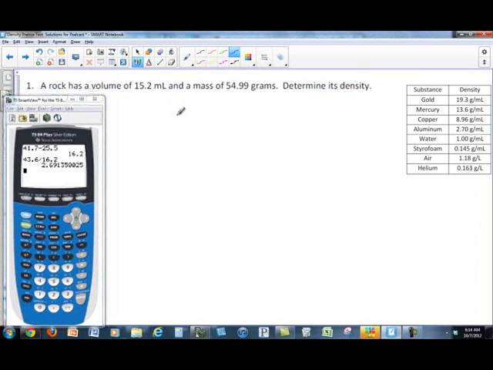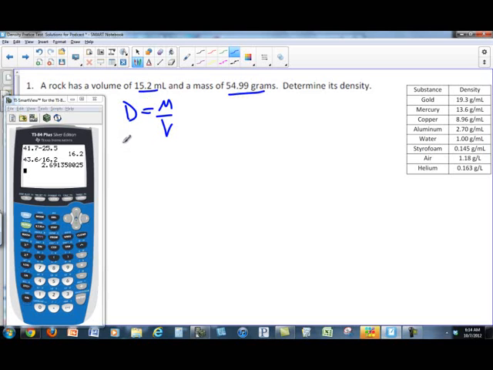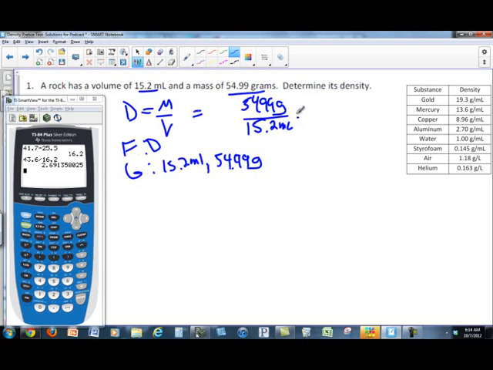So it's pretty straightforward. Density is equal to mass over volume. And our mass is given to us. So we're trying to find density. Our given is both 15.2 milliliters and 54.99 grams. So because density is mass over volume, it's going to be 54.99 grams divided by 15.2 milliliters.